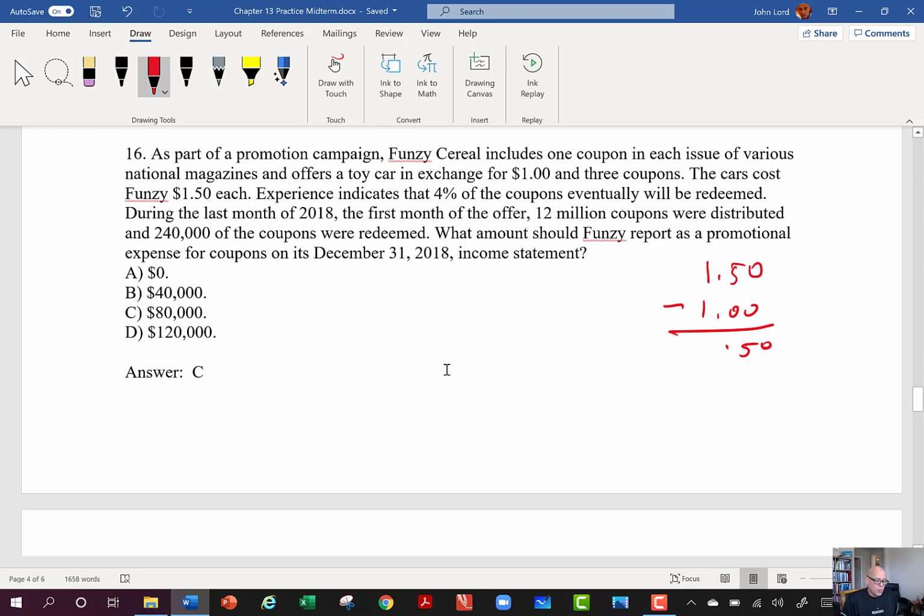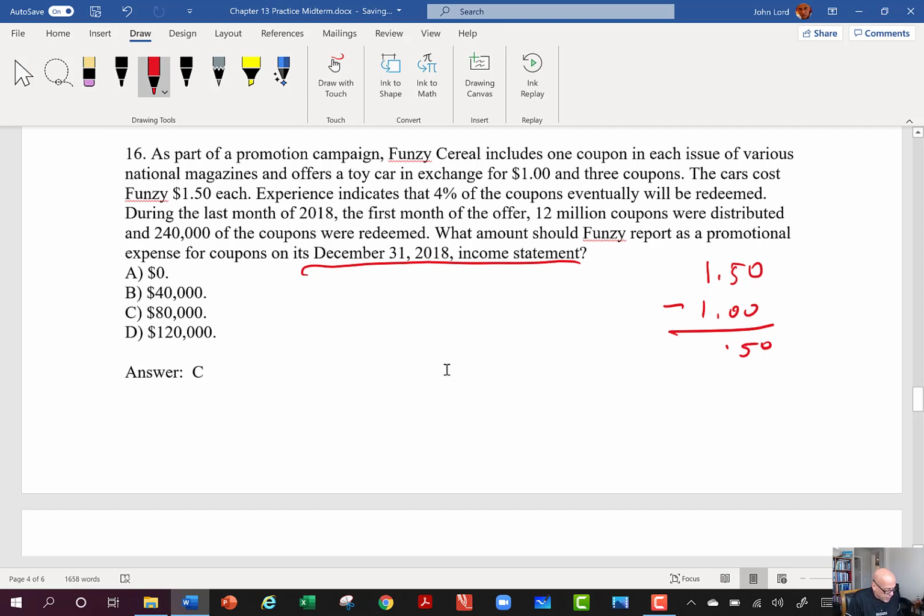Now, what's happening? We're motivating people to buy our product on the opportunity to get this cute little toy car. Okay, so that is what we're having sales in. What year are they asking me? 2018. Based on this offer of the 3 box tops being traded in with 50 cents for the car, right? So let's figure out how many coupons are going to come up.